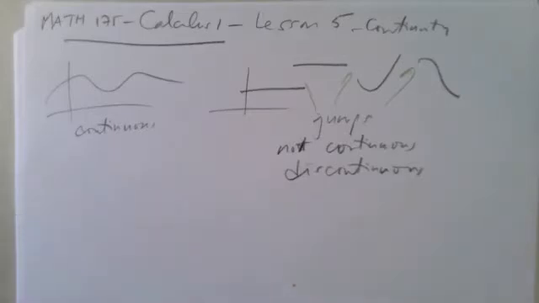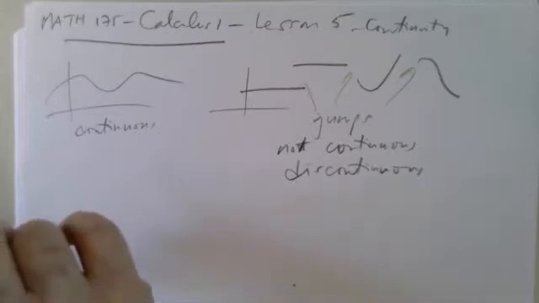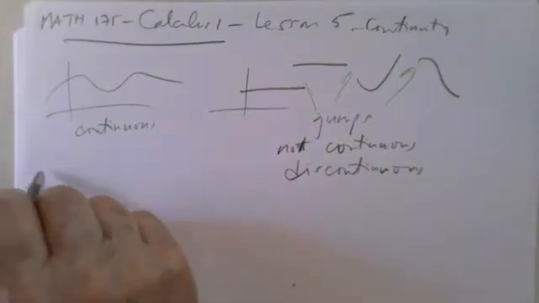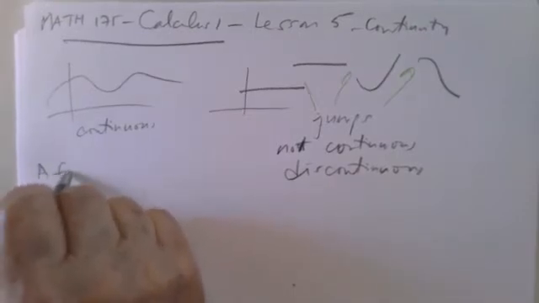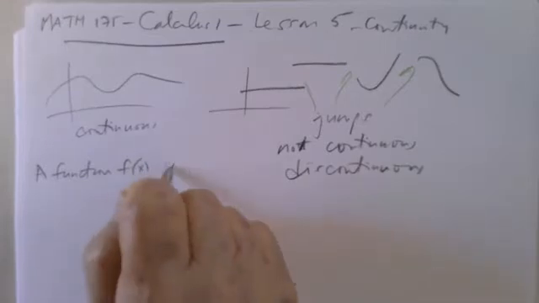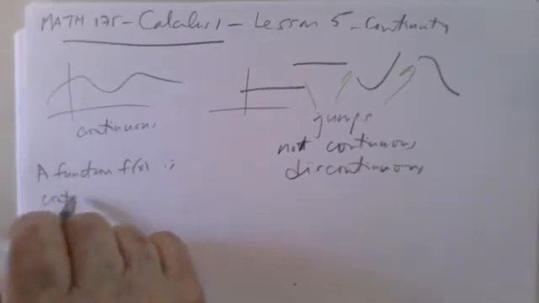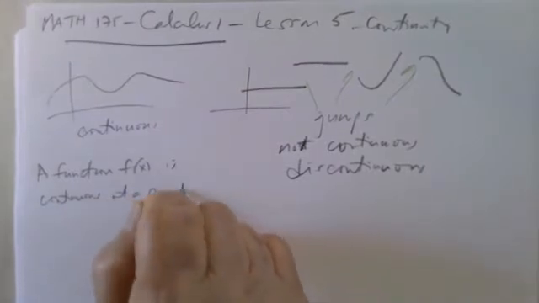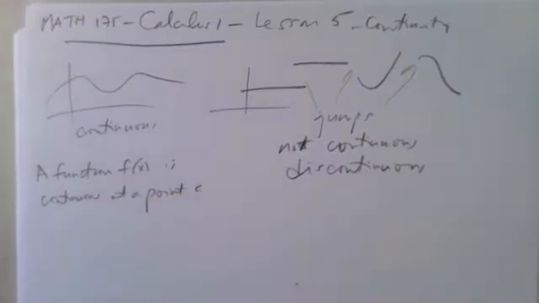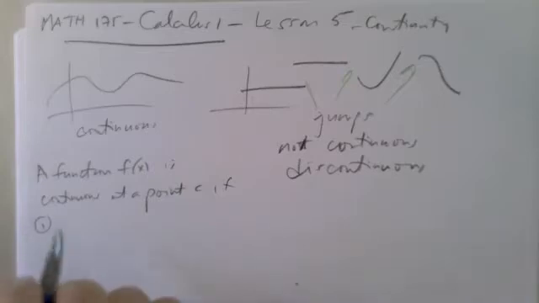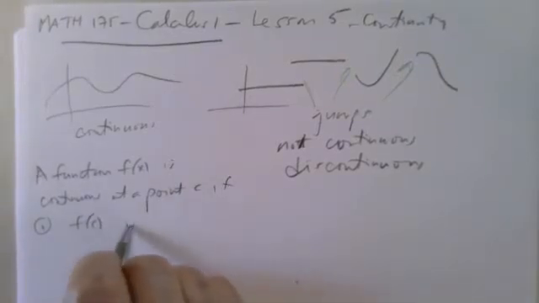So there's a formal definition of continuity, and it is the following. A function f of x is continuous at a point c if the following three conditions are satisfied. First of all, f of c is defined.